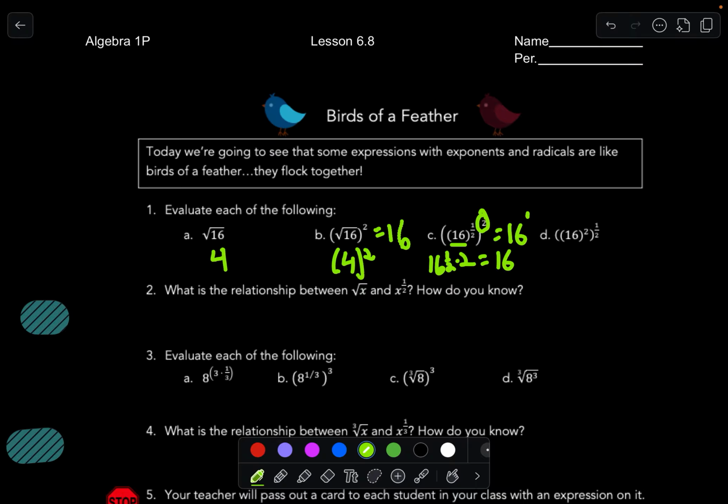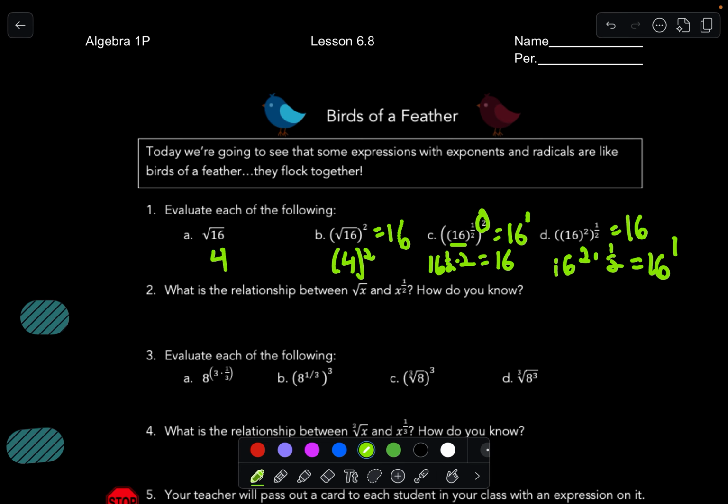Specifically, 16 to the first power. But to the first power, you don't have to write it if it's in the exponent. All right? And likewise, 16 squared to the 1/2 power, you multiply exponents, so that's 16 squared times 1/2. That also is 16 to the first. Okay?